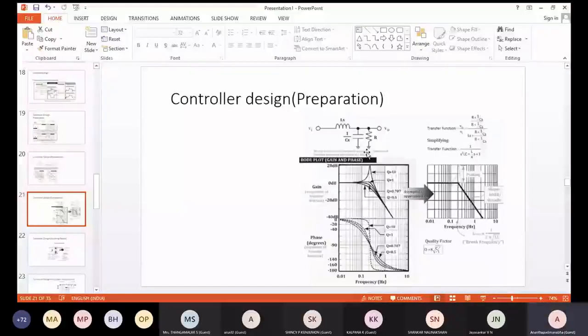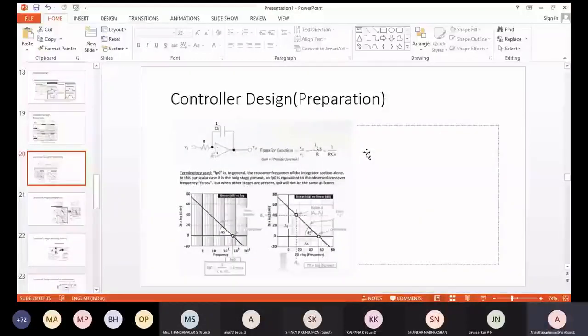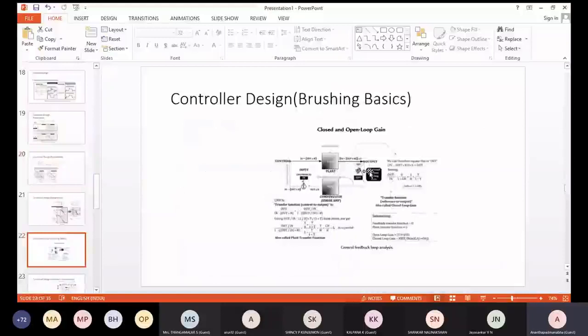Okay, so these are the three control filters that we are supposed to know. Anyway, I just wanted to show you this; I will not take more than 3 minutes to brush up the basics. In control design, you know this is the plant, this is the compensator, and we take a part of the output and feed it to the compensator.